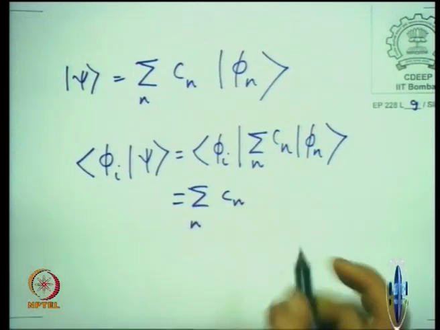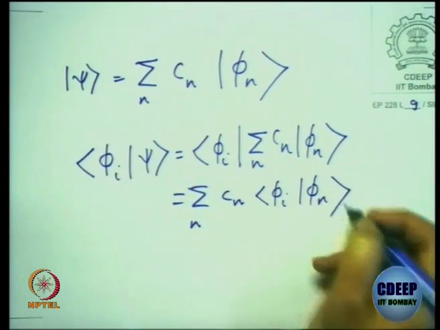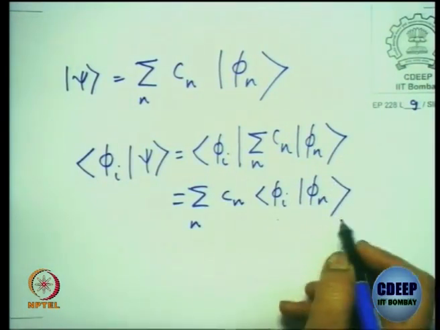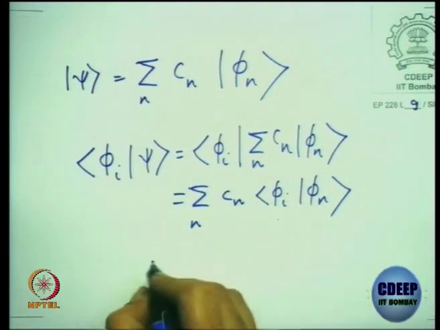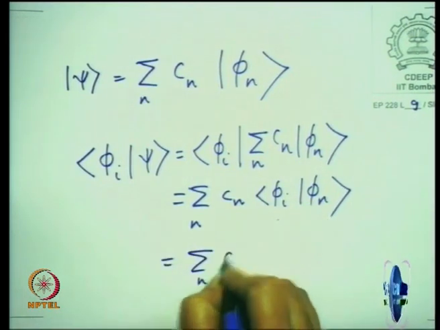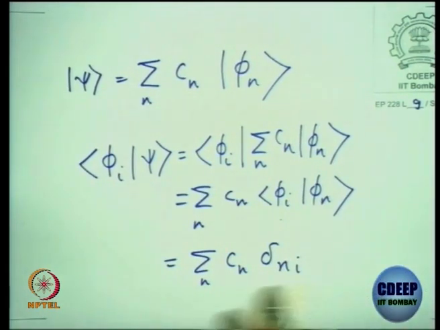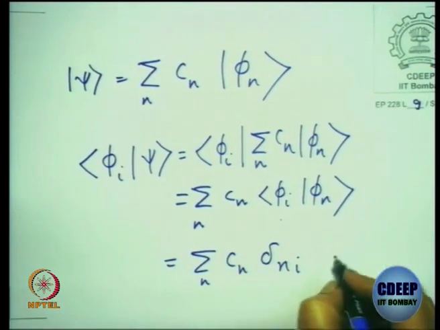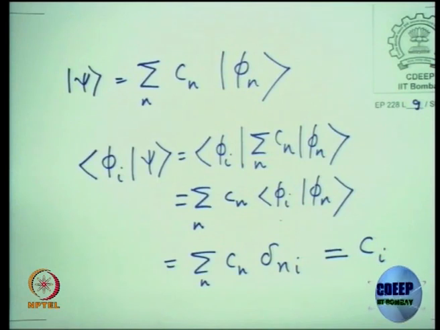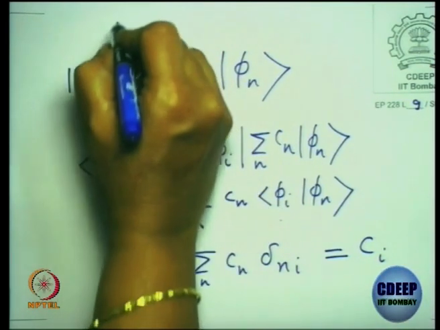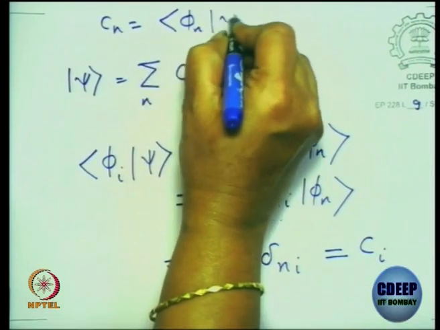I can take out the Cn and you will have phi I with phi n. What is this? This is the orthonormality condition. That will give you a delta Ni. So you will have summation over n Cn delta Ni. So only when n is equal to I, it is going to contribute, the summation will be gone and you will get Ci. So what we have shown here is the Cn's are nothing but the inner product of phi n's with psi.